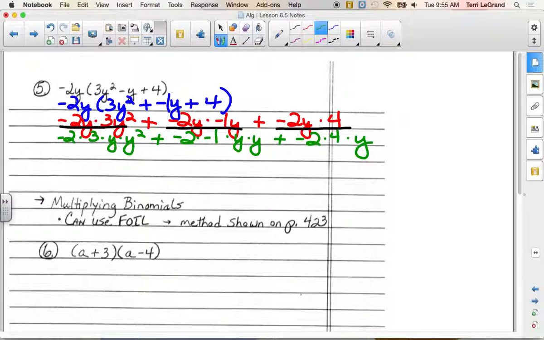Rearranging, adding multiplication symbols, what happens next? Still have three multiplications going on.